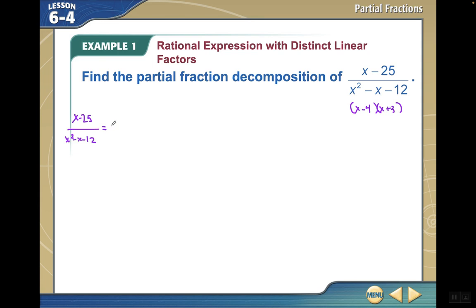All right, so we're going to have a part plus a part, and the denominator on one of them will be the x minus 4, and the other one will be the x plus 3.